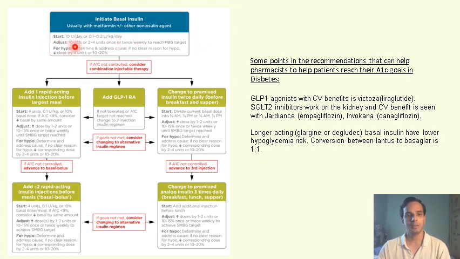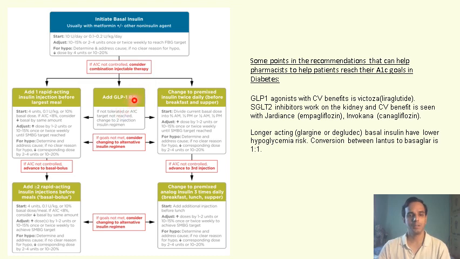You would adjust 10 to 15% or 2 to 4 units once or twice weekly to achieve the fasting blood glucose target. For hypoglycemia, address the cause of the hypoglycemia or decrease the dose by 4 units or 10 to 20%. If not at A1C goal after 3 months of therapy, consider combination.